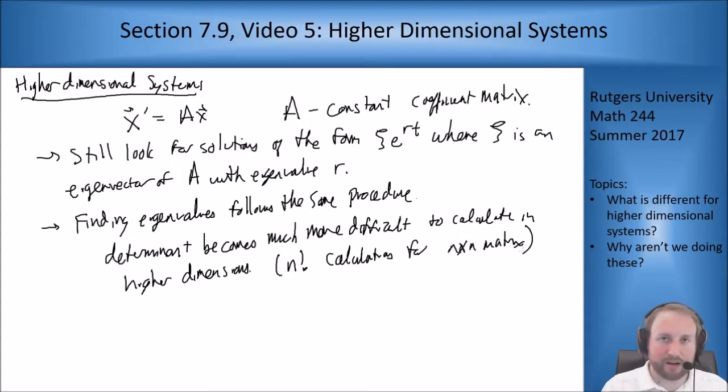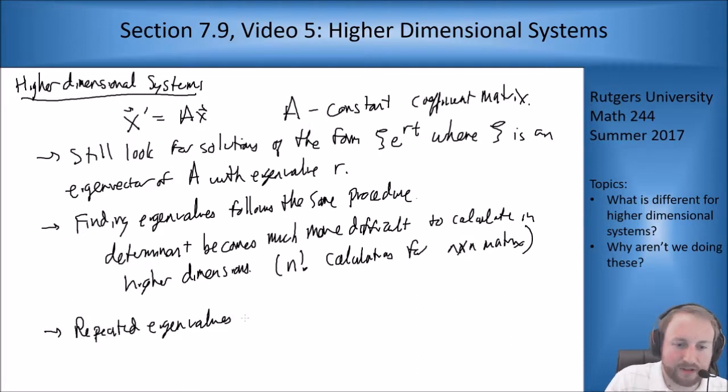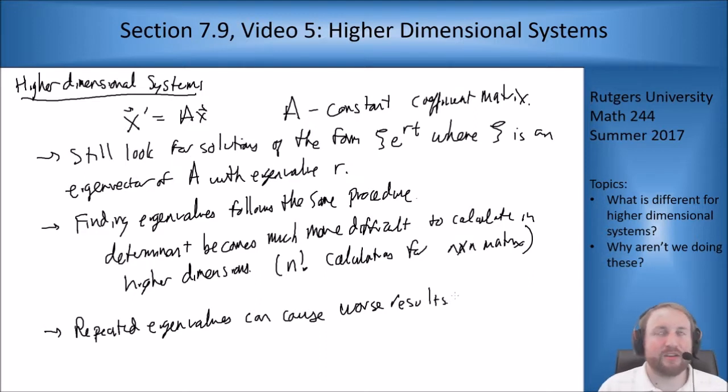The other thing that happens is that with more dimensions, the ways the eigenvectors can get messed up when you have repeated eigenvalues get worse. So repeated eigenvalues can cause worse results. The idea was in the 2D case, once you found an eigenvector, you had to go one more step to find a generalized eigenvector. And that was the end.